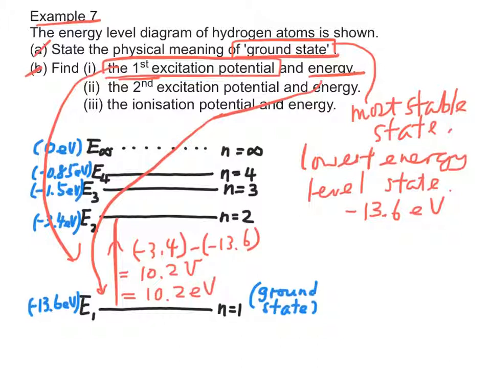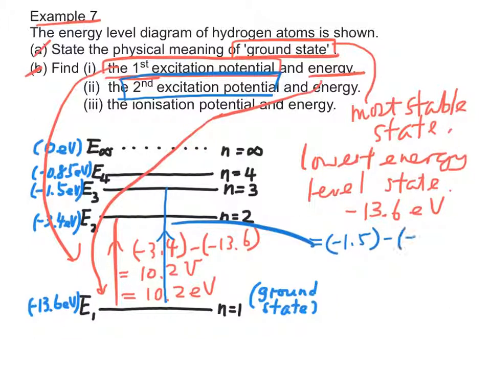Similarly, the second excitation potential is equal to negative 1.5 minus negative 13.6, which is equal to 12.1 volt. And the corresponding second excitation energy is equal to 12.1 eV.